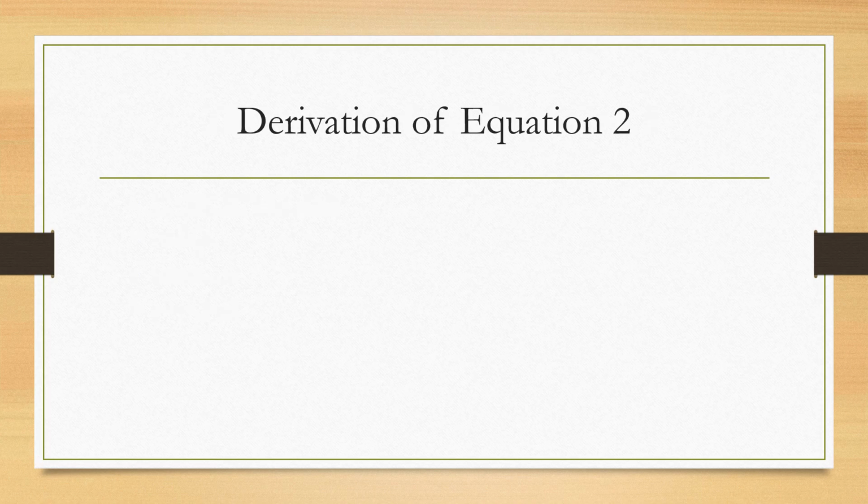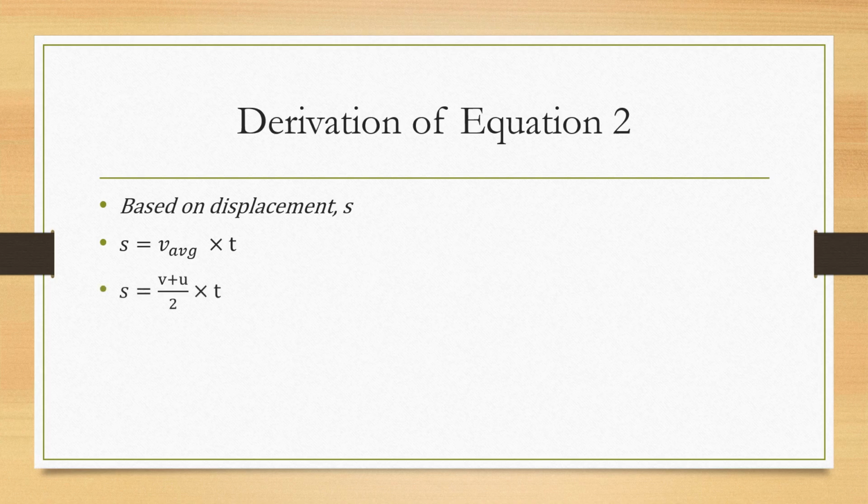Next, we go to the derivation of the second equation, which is based on the equation of displacement. The equation of displacement is s, the displacement, equals the average velocity times the time. We can expand the formula of average velocity into (v plus u) over 2, where it is the final velocity plus the initial velocity over 2, times the time.